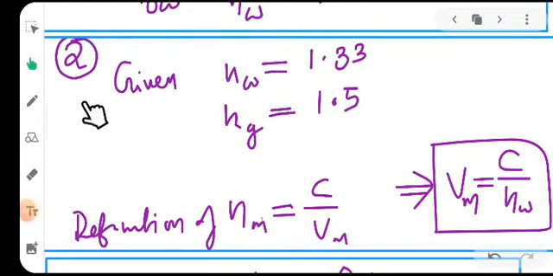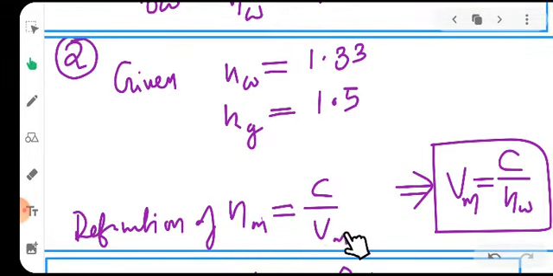So going on with the solution of this second question, we write down the provided information. The given information is the refractive index of water, which is 1.33, and refractive index of glass, which is 1.5. According to the definition of the absolute refractive index of a material, Nm, the refractive index of a material, is c, the speed of light in vacuum, divided by the speed of light in the material.